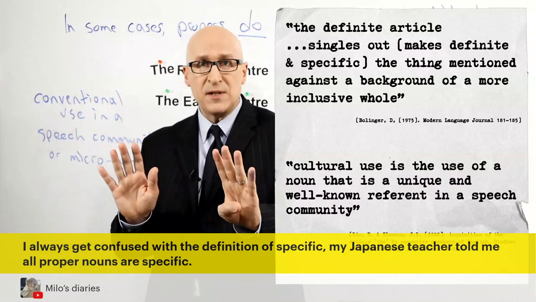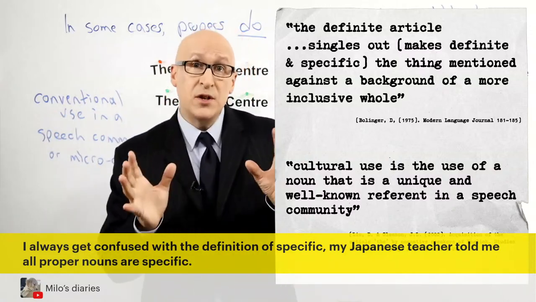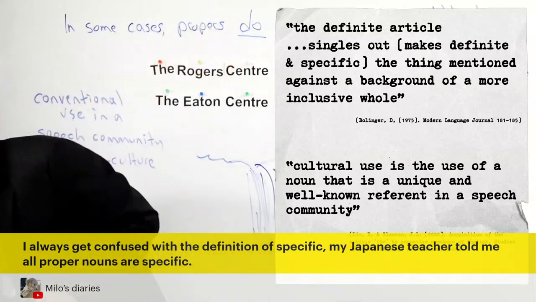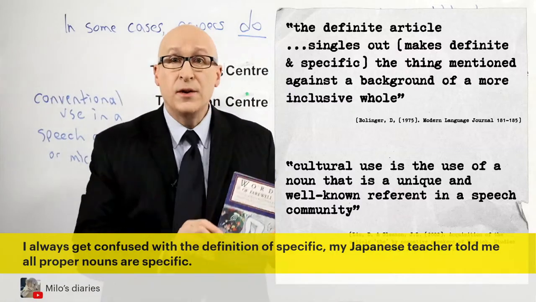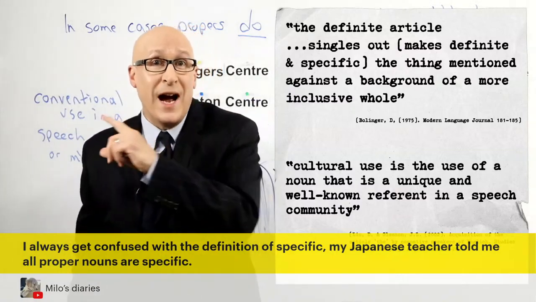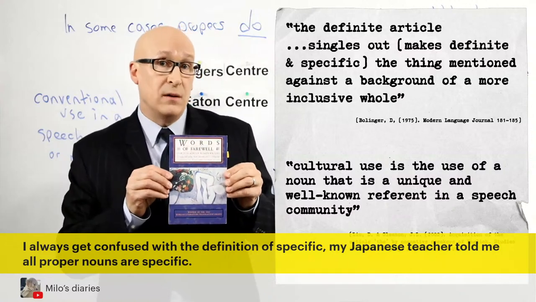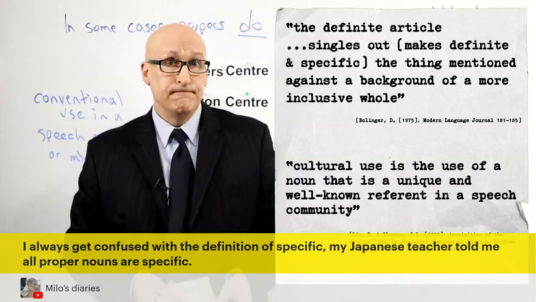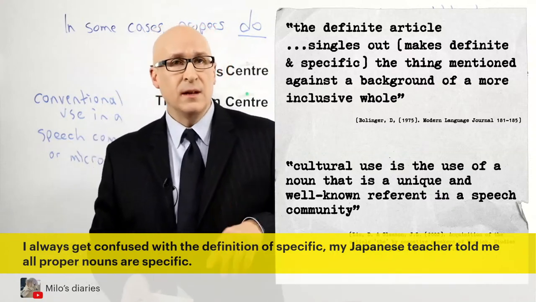So when you're talking with one other person, you make something specific by introducing it. Hey, I want to show you a book. It's called Words of Farewell. The book is excellent. The book is interesting, right?